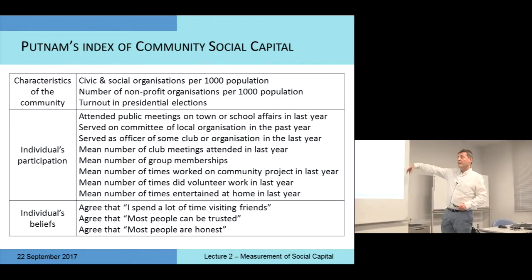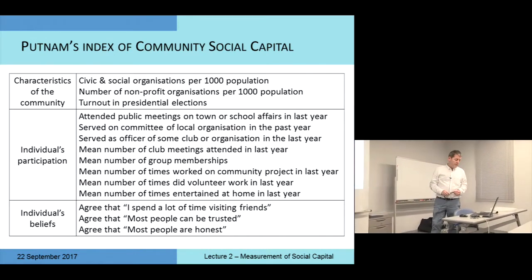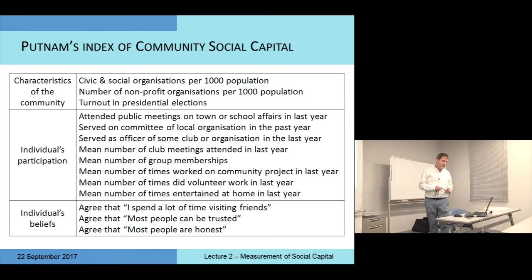Another set of his elements in his index are to do with the individual's participation. And so the question would be, for an individual, did they attend any public meetings in the past year? Have they served on the committee of a local organisation?